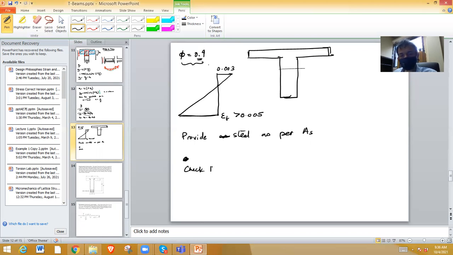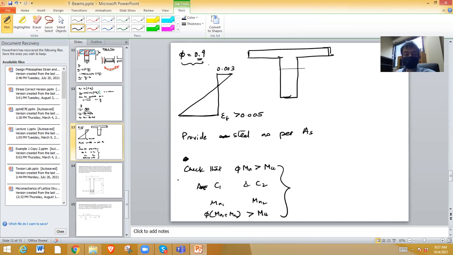Check that phi Mn is greater than Mu. For the analysis, just now I showed you how to do it. You need to again break it up into two parts, C1 and C2, and calculate Mn1, Mn2, and then phi times Mn1 plus Mn2, which is Mn, should be greater than Mu. This is the final check.